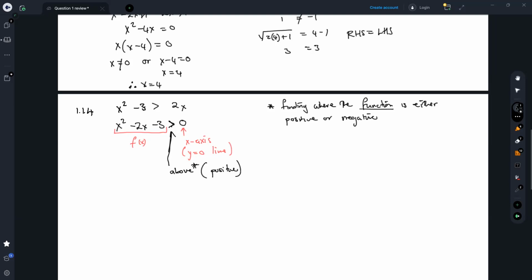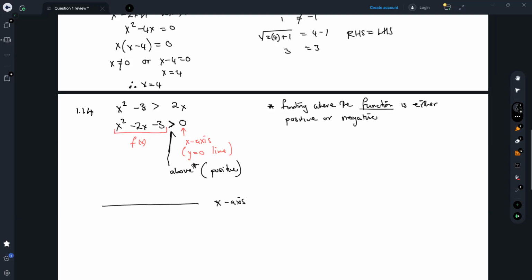So if I'm going to have a diagrammatic representation of what I'm talking about here, I can have my x-axis here, and now I can sketch, or have an outline of, this function f of x. Because in this case, the only thing that I care about is the x-axis and the function.